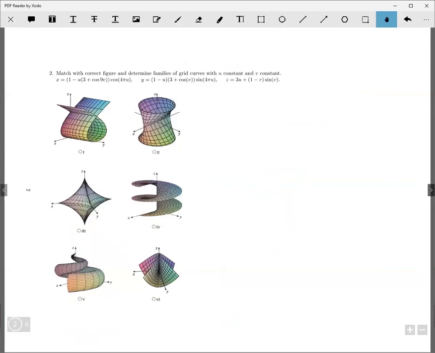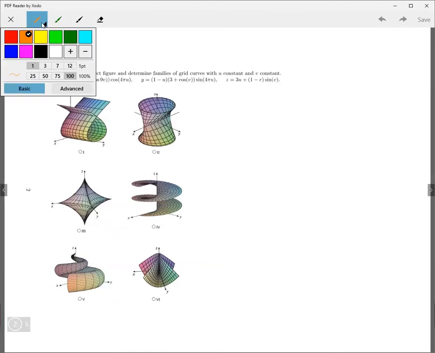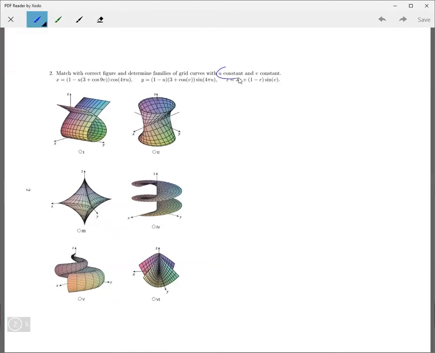Okay, now, wow. Number 2, match the correct figure and determine families of grids with U constant and V constant. Oh dear. Okay, so now what we need to do is, first of all, we're going to go with this one, U constant.